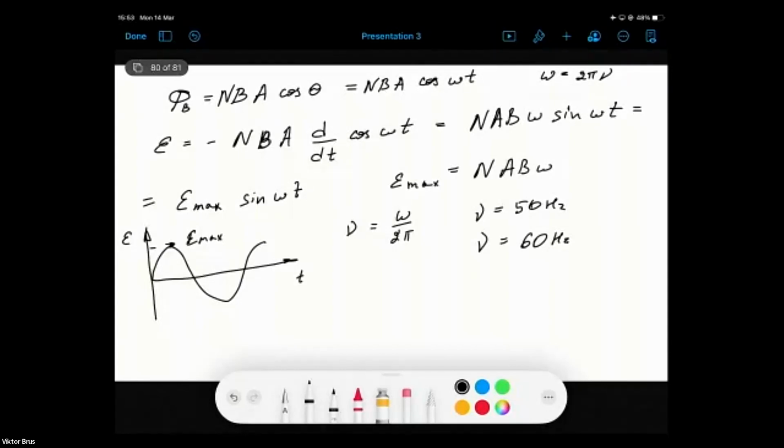There are some special electric power systems based on DC current, when we have constant voltage and DC current.